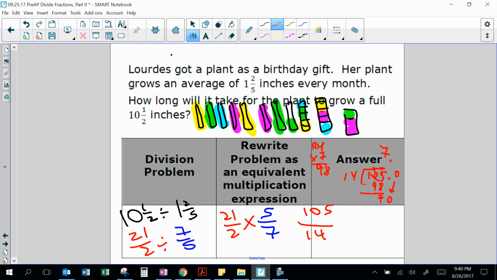How many groups of 14 go into 70? 14, 28, 42, 56, 70. 5 groups. So the answer is 7 and 5/10, or 7 1/2. So it takes about 7.5 months for it to grow 10.5 inches.